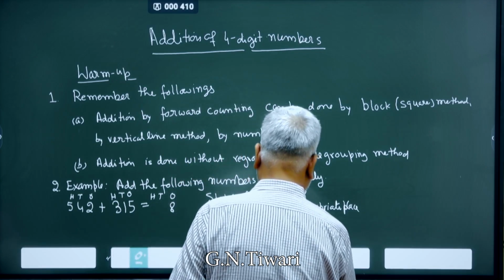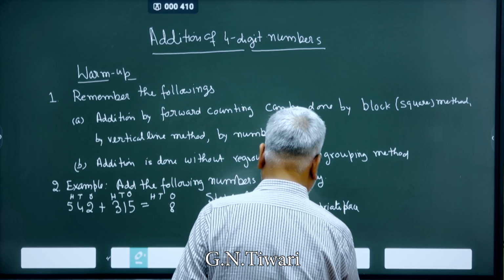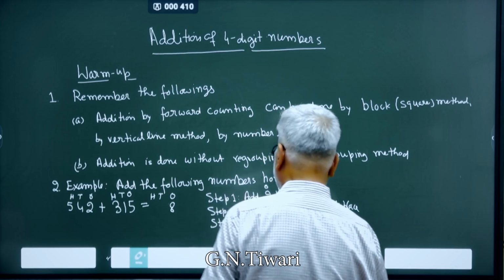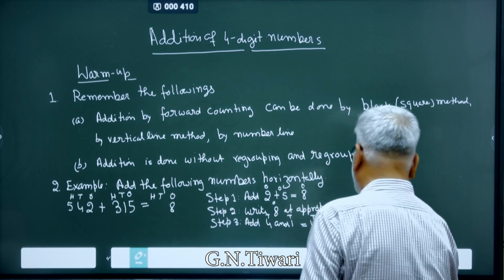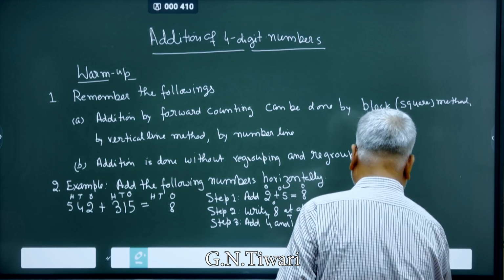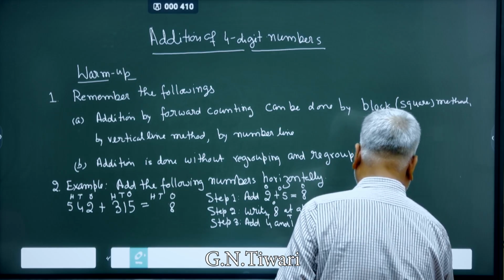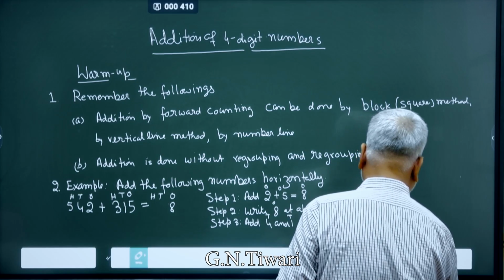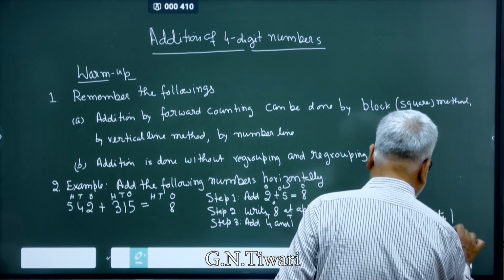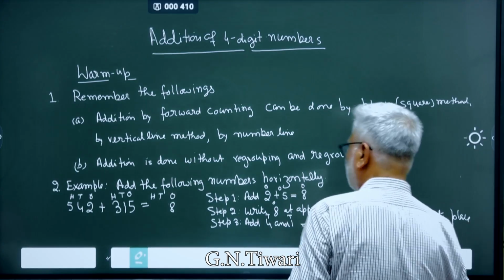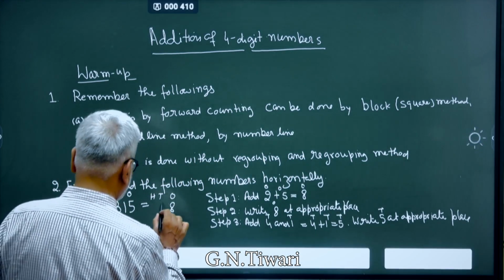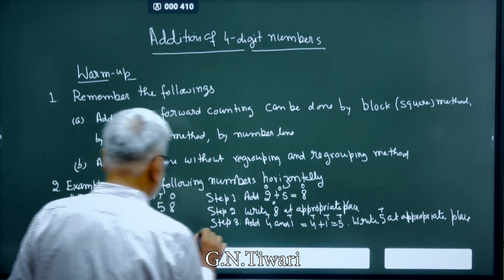This is 4 T plus 1 T is equal to 5 T. Now write 5 T at the appropriate place. Appropriate place means below T, 5.